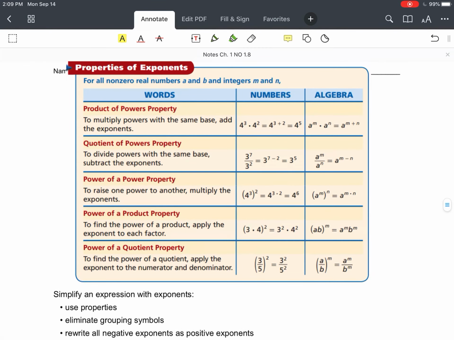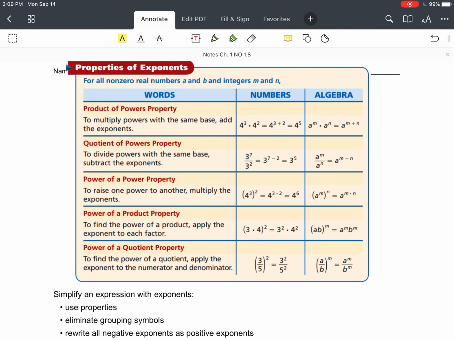Now we have more properties of exponents. So pretending a and b are real numbers and m and n are integers. So my exponents, m and n, are only going to be positive or negative whole numbers with no decimals or fractions. Makes it easy.